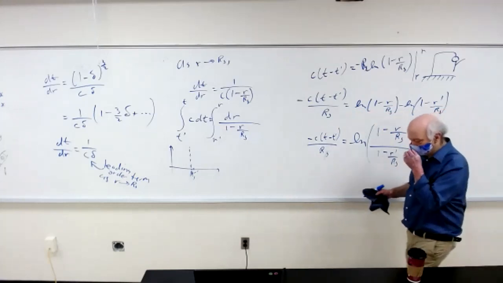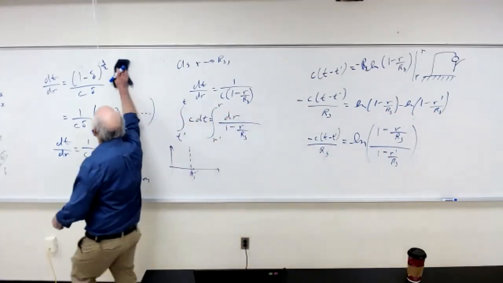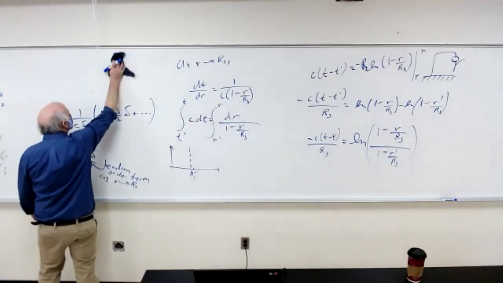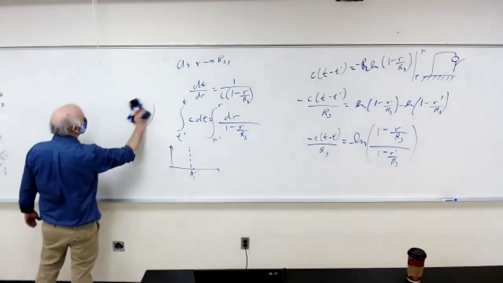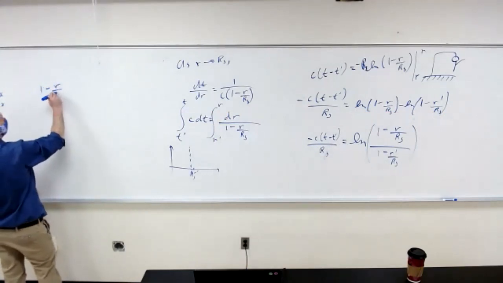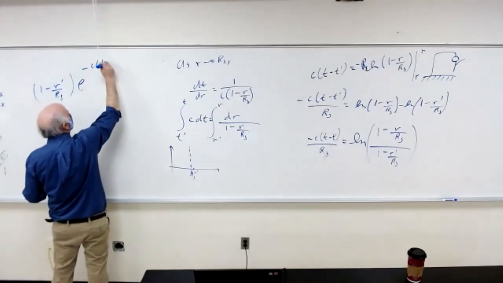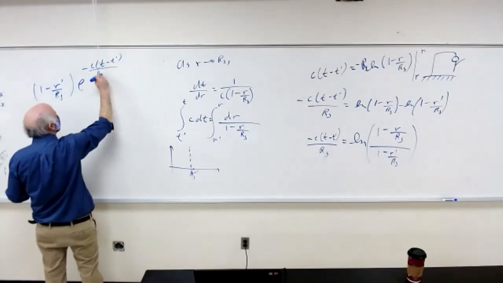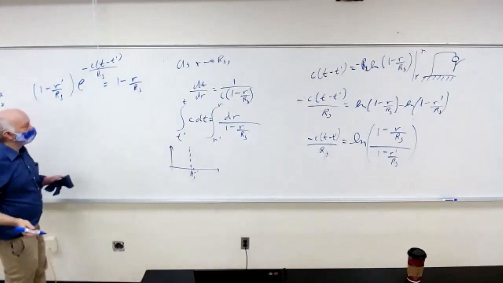Exponentiate both sides. And then take over this guy here. So this goes 1 minus r over rs prime, e to the minus c, t minus t prime over rs, equals 1 minus r over rs, multiplied by rs.